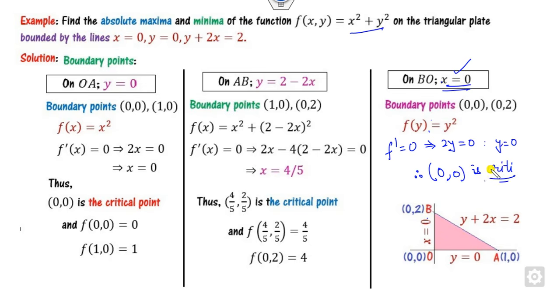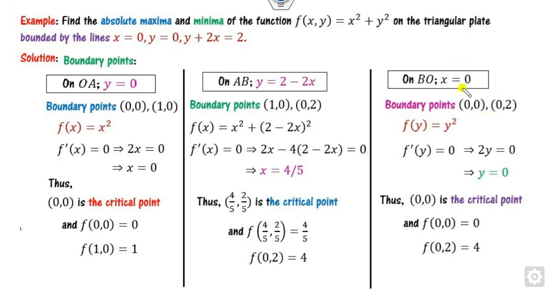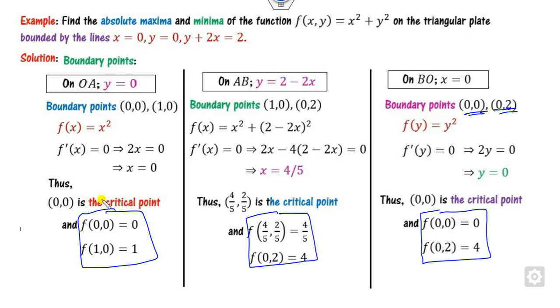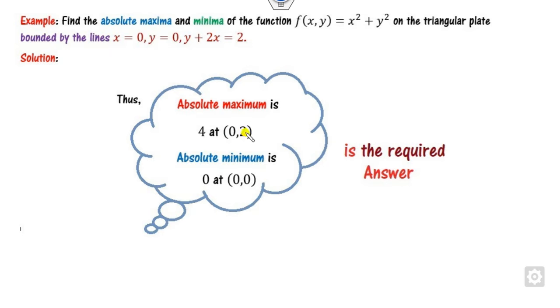Once you know the critical point, we can substitute this value here. So all these boundary regions are completed. Now we can check the absolute maxima from these points, and the step 1 critical points. Look at the maximum and the minimum. We can get this as the required answer.